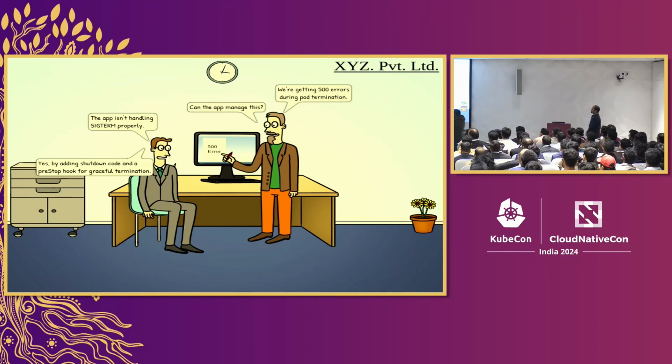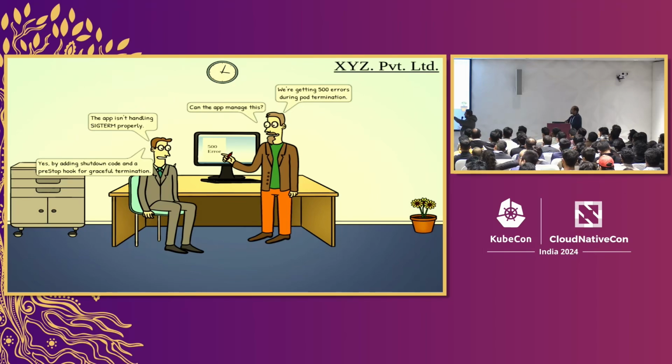Then this particular engineer looked into the code to figure out the actual issue. When he looked at the application code, he found that we have not handled the SIGTERM signal properly, so there is no cleanup happening. Basically, this application is handling some file system operations, and when we delete the pod, the file system connections are not closed, so it is giving errors.